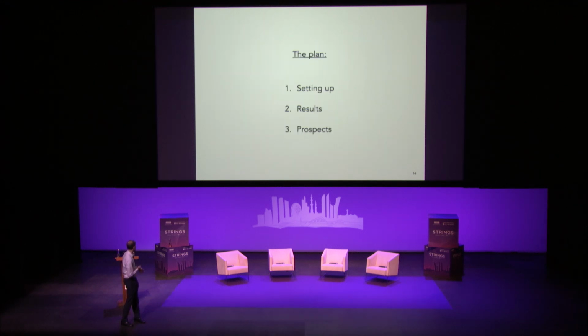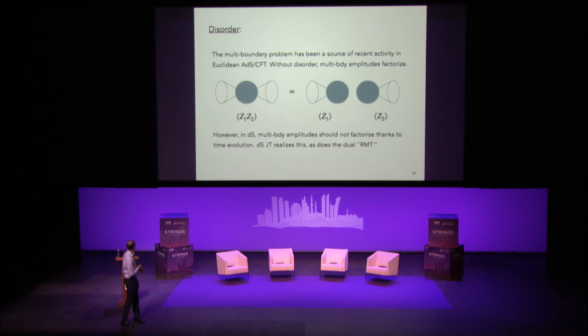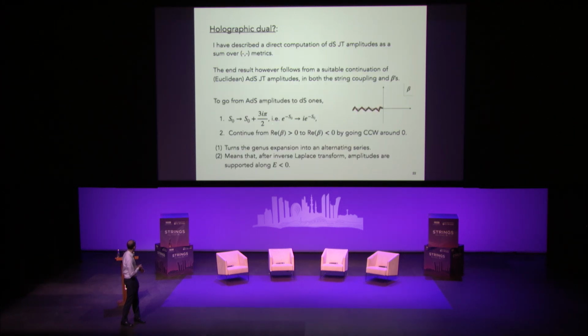That was the statement that I made earlier. If I think of arriving at these amplitudes as a continuation from AdS, I have to analytically continue the string coupling as well. I had a comment on a new version of the slide: what is the number of effective degrees of freedom in a double-scaled matrix model?